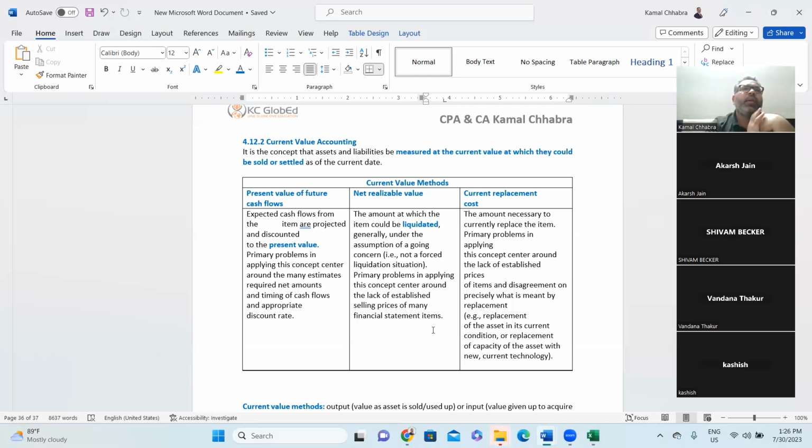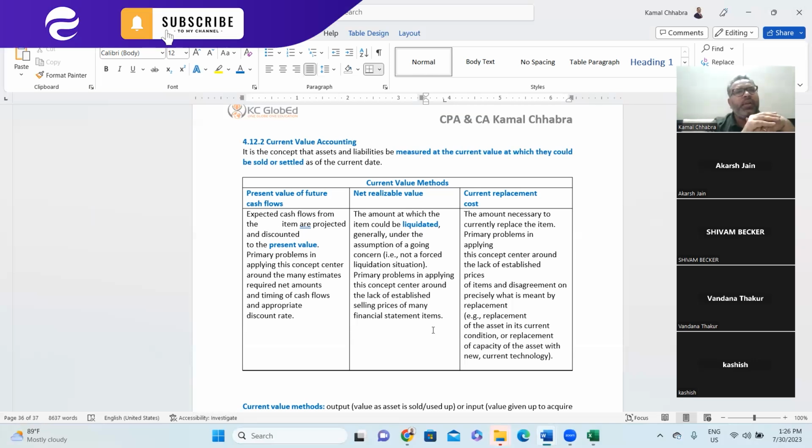Exactly. For example, let's say you have a car. Let's say in 2020, you purchased a Mercedes S-Class, right? At that point of time, you might have paid $100,000. Now, if you have to purchase a Mercedes S-Class, what will be the value you'll be paying for the replacement of that car? That is considered the current replacement cost of that existing car, right?